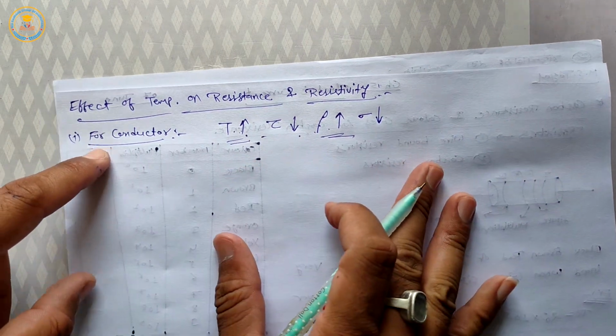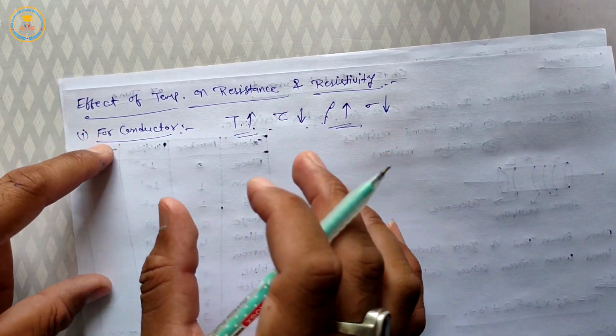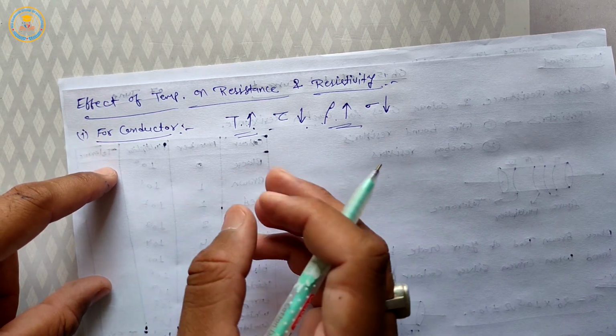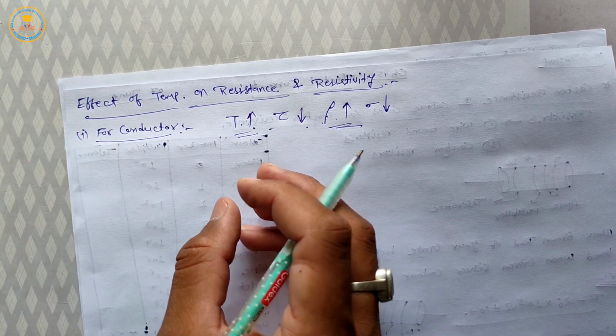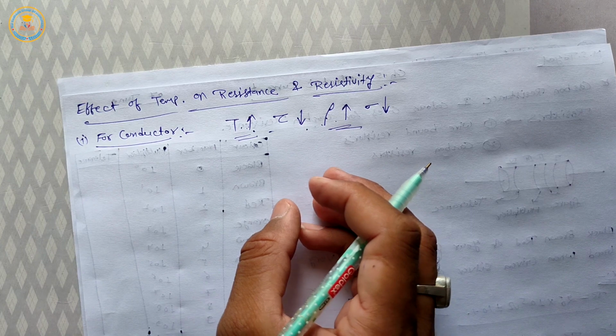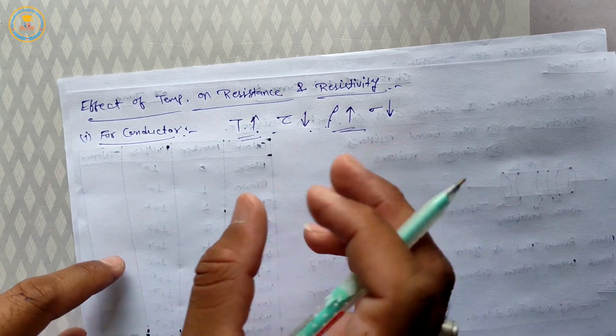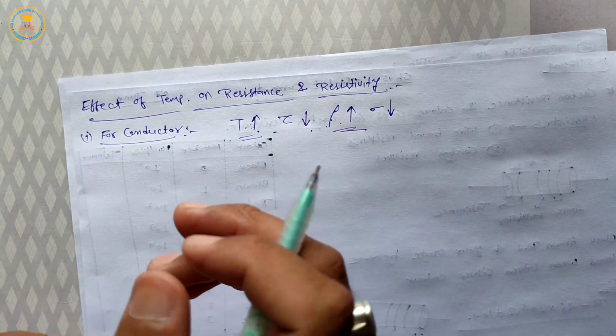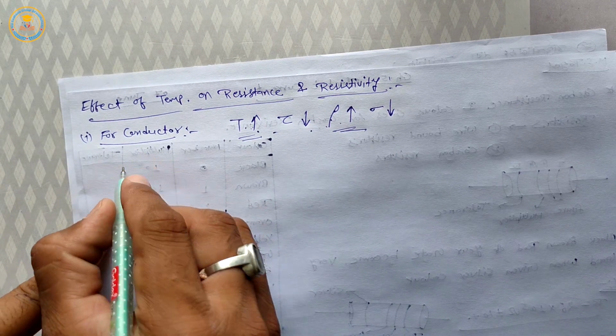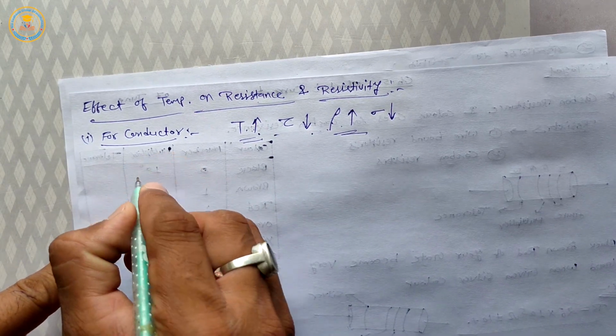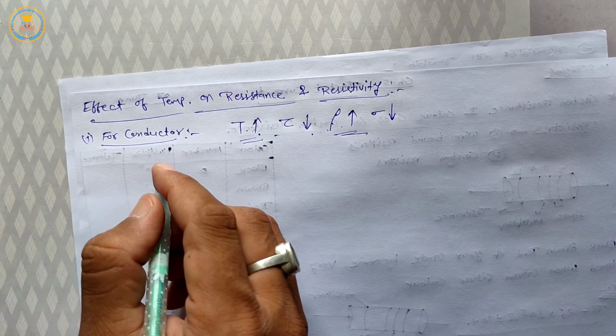So the resistivity of conductors increases when the temperature is increased. Now we see the dependency of the change in resistivity on the initial resistivity and the change in temperature.